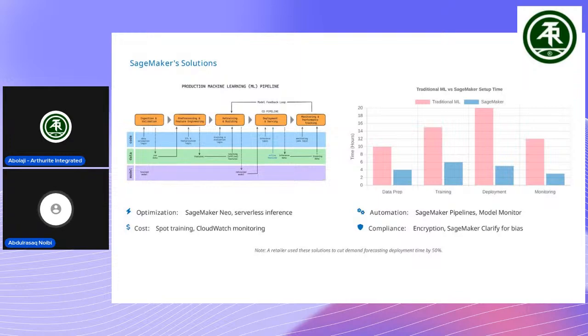On your left hand side, you have the time, and we have different ways of training your data. For data preparation, if you compare both of them, you can see that SageMaker is faster to prepare your data. It's very, very fast and easy to use. Then if you look at training your data as well, SageMaker is faster.